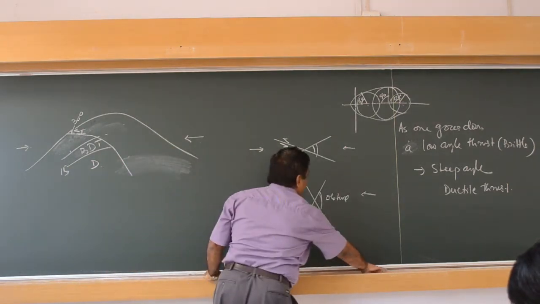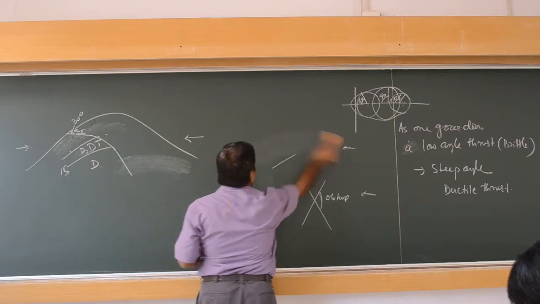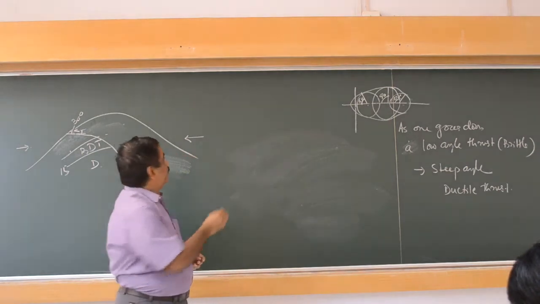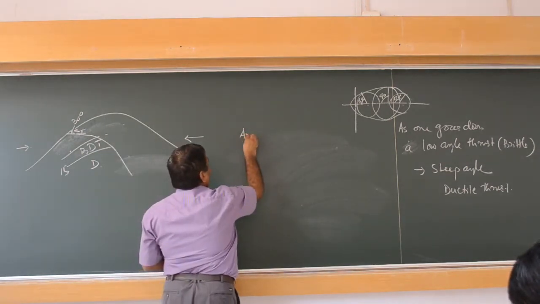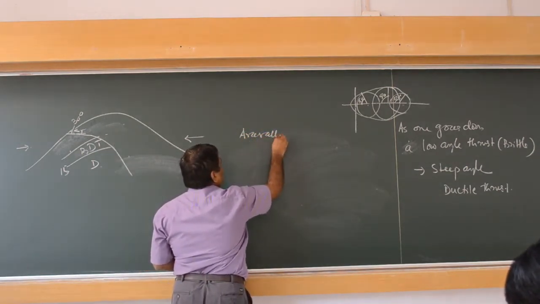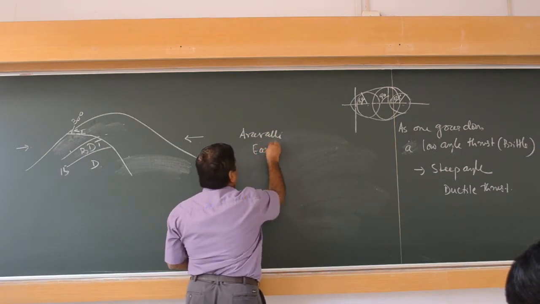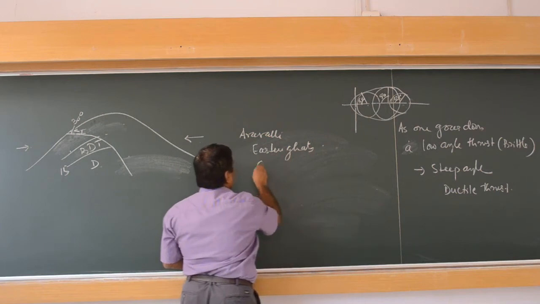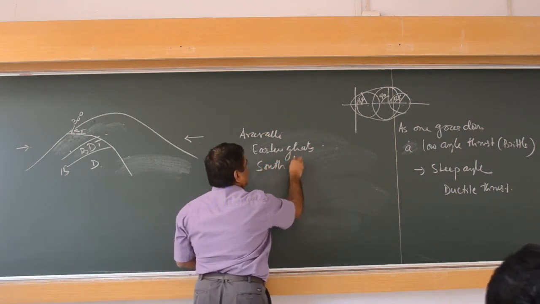Now, I remove this part. Suppose you are working in Aravali or Eastern Ghats, Southern India, South India granulite belt.